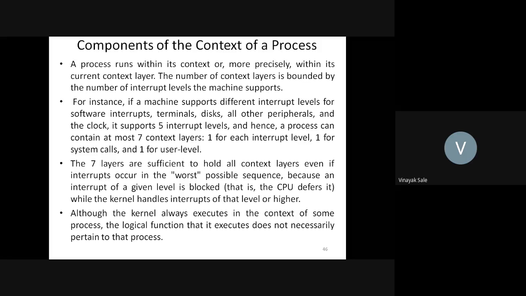The 7 layers are sufficient to hold context layers even if interrupts occur in the worst possible sequence, because an interrupt of a given level is blocked while the kernel handles an interrupt of that level or higher.